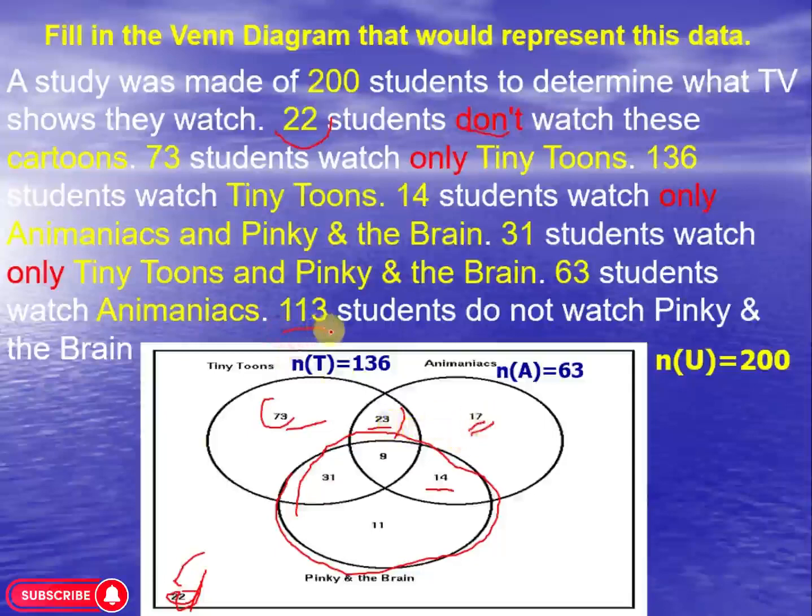Sorry for that. So take note of it. These 22 people, they don't watch any of them. So definitely they are not part of even any of them. And now we are taking Pinky and the Brain also out. The rest that are left is what? The 73, the 23, and then the 17. So 73 plus 23 is going to give you 96. And then 96 plus 17 is going to give 130. Okay. Let's take that correction and continue.